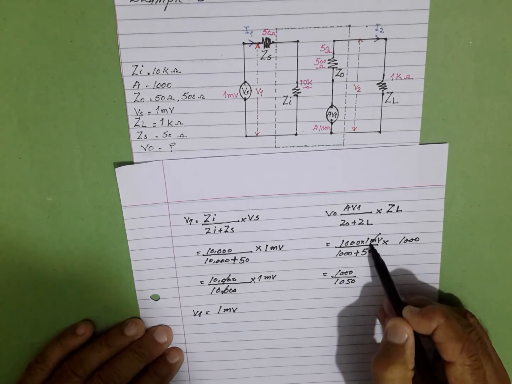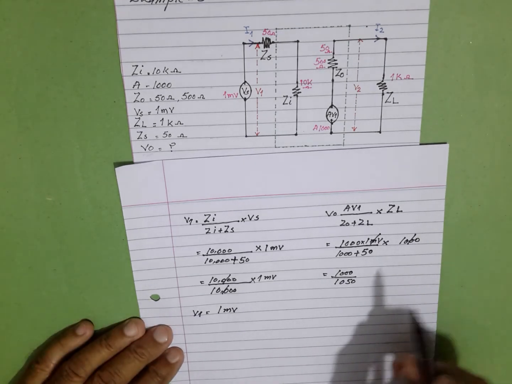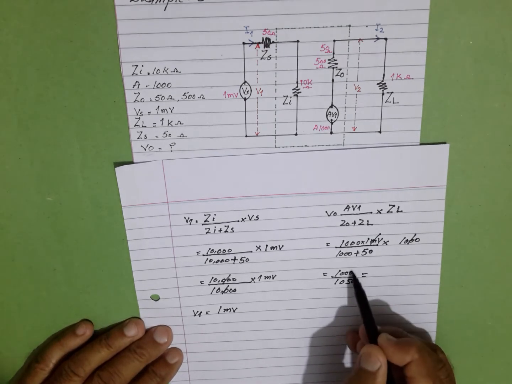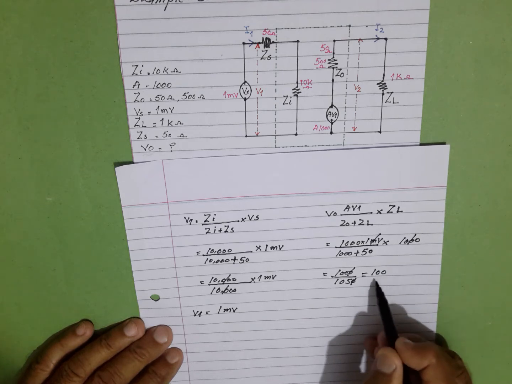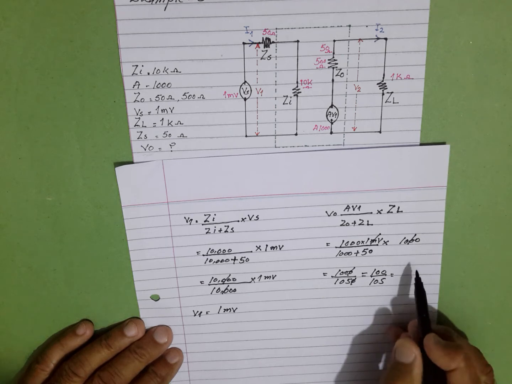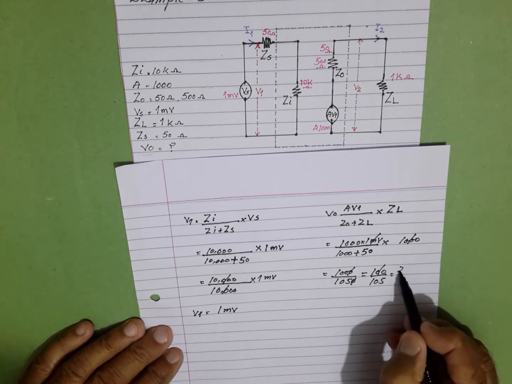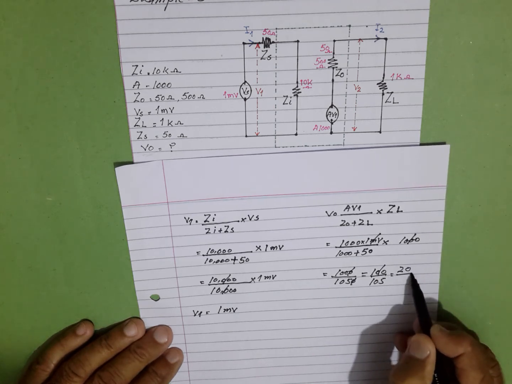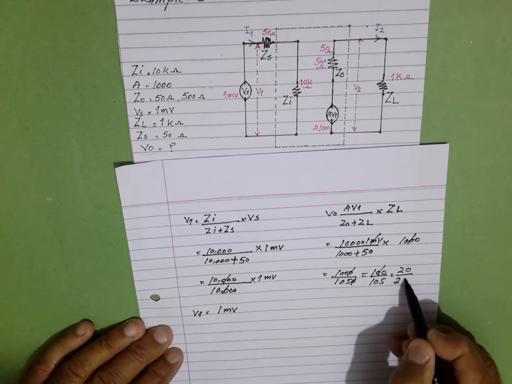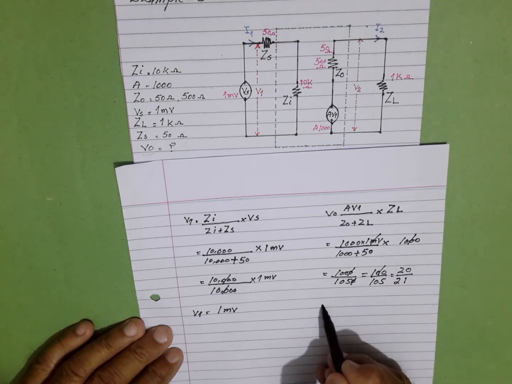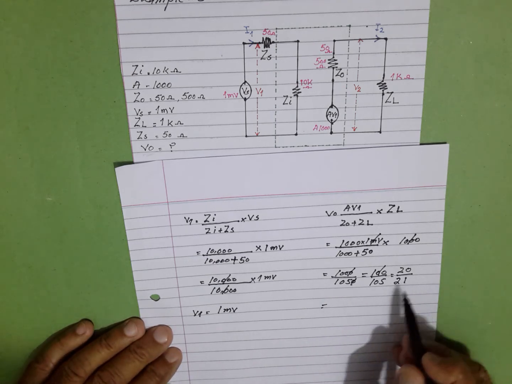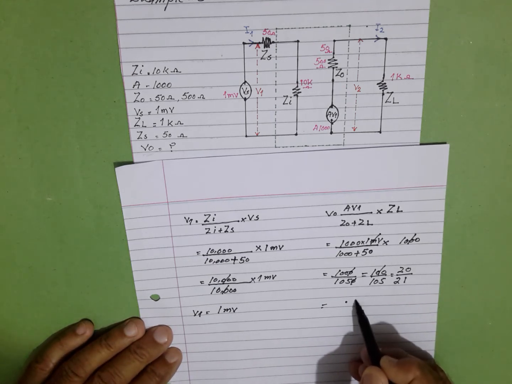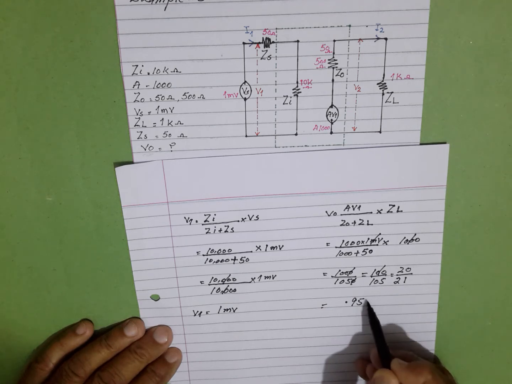This 1 millivolt cancels with this, and this 0 cancels with this 0. We have 100 over 105. 5 times 20 is 100, 5 times 21 is 105, and we have 20 by 21, which is nothing but about 0.95 volt.